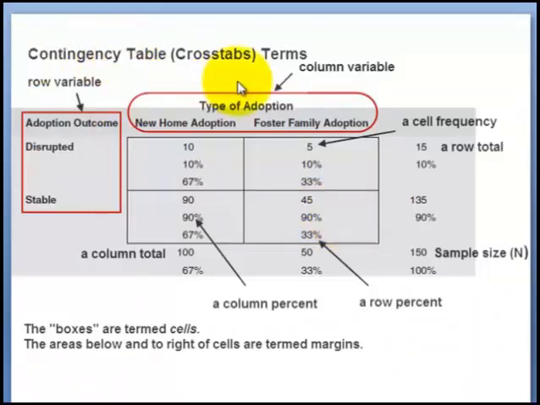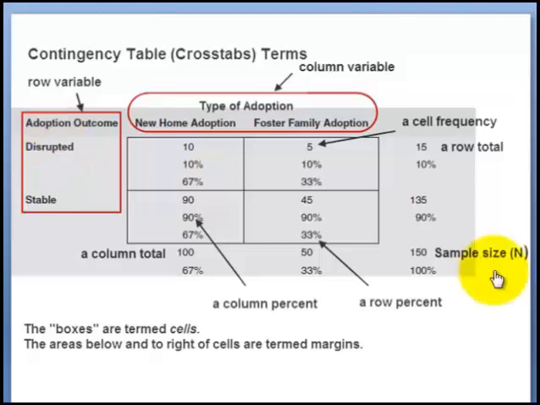Do picture for a second that type of adoption is our independent variable. In other words, type of adoption can presumably affect or possibly affect adoption outcome. So our independent variable is defining the columns, and it's our column variable, and our dependent variable defines the rows.